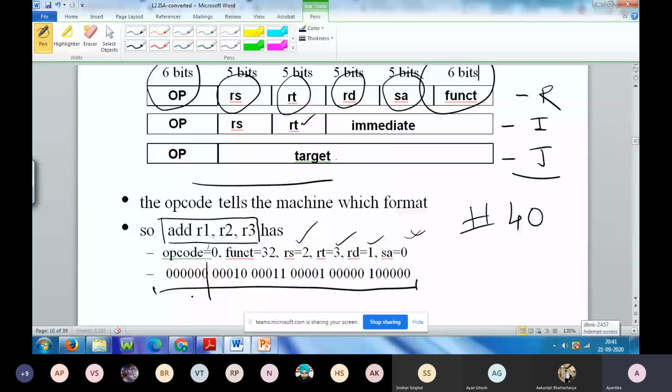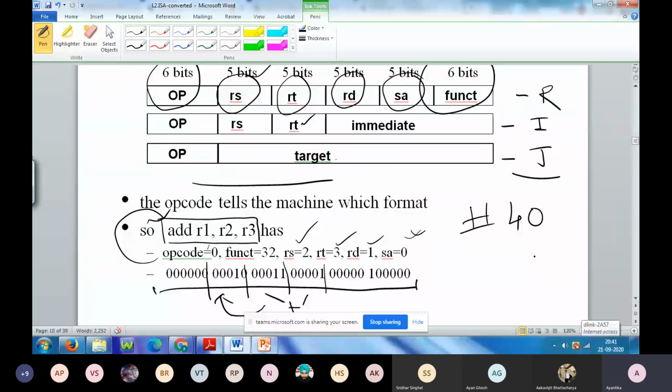Opcode 0 may correspond to the addition operation. Then the next 5 bits are my destination address. Next, I will fetch these two 5-bit registers, do the addition, and store the result in the address specified in this register.